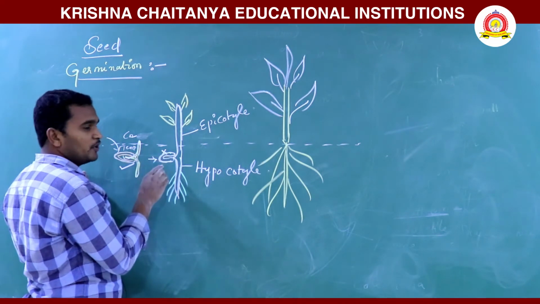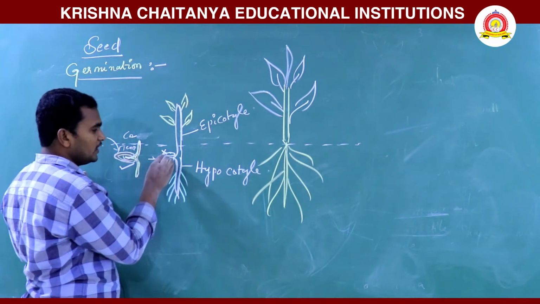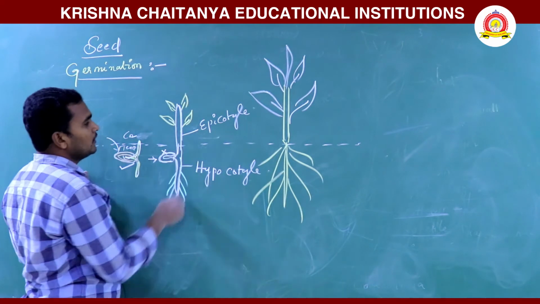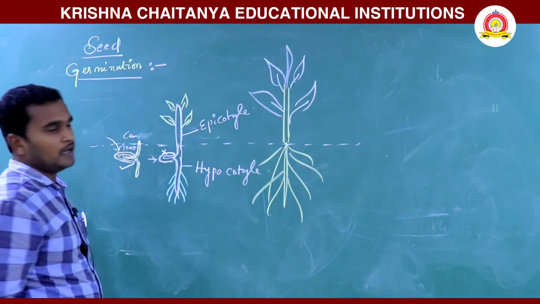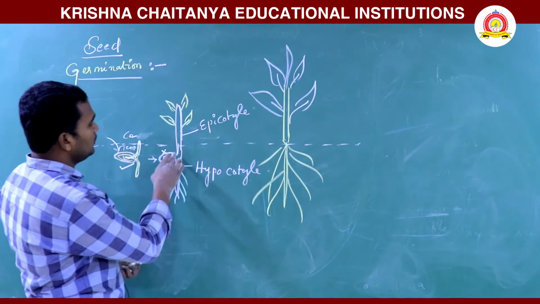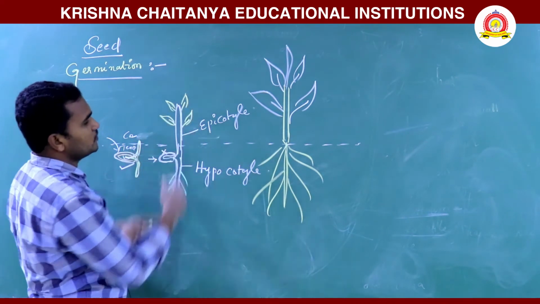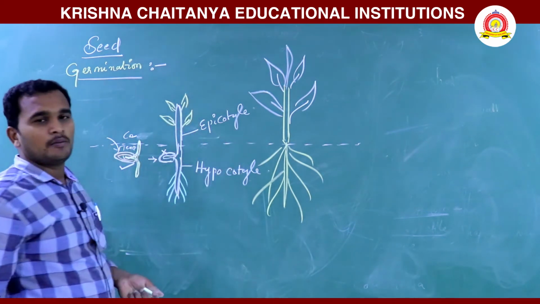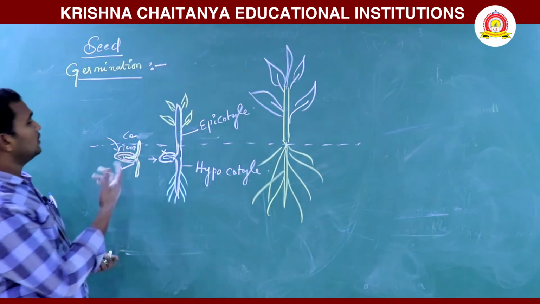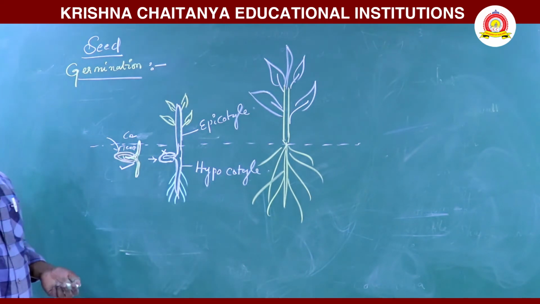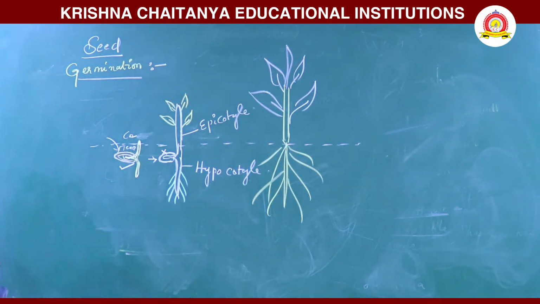In monocots the endosperm is utilized, while here the cotyledon contains the food. Both are utilized, and then the plant develops. If it grows and produces leaves, it automatically performs photosynthesis, and the plant keeps growing.